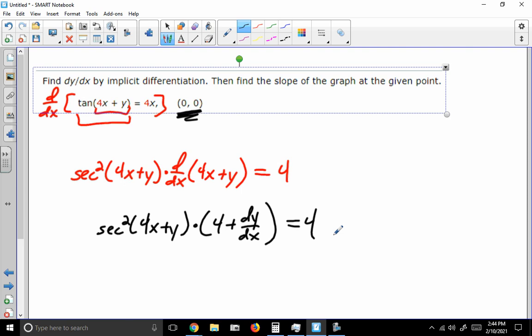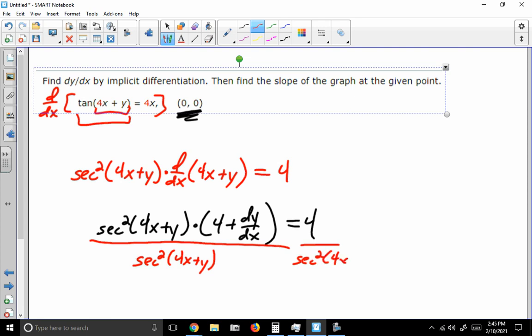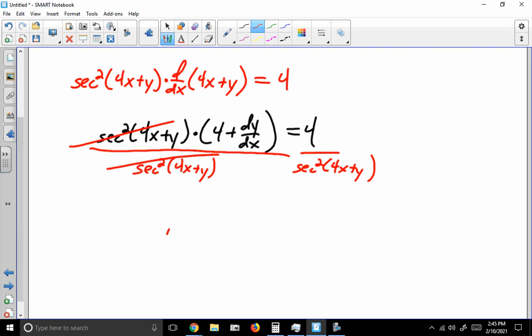We want to get dy over dx by itself, so we could do this several ways. I think what I will do is get this parentheses to the other side, so divide both sides by secant squared. So that leaves us 4 plus dy over dx equals 4 over secant squared.